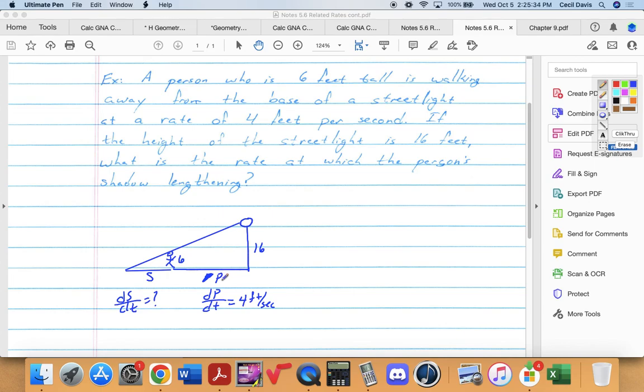So that's going to be what relates my variables here. S is to 6 in the same way as what is to what in the big triangle. Yeah, S plus P is to 16.